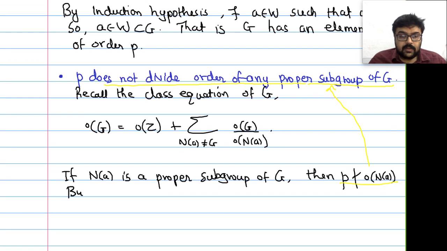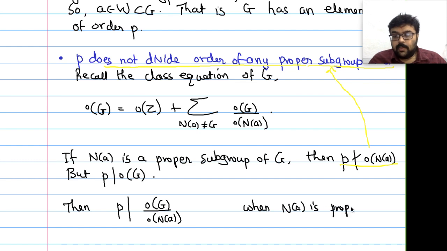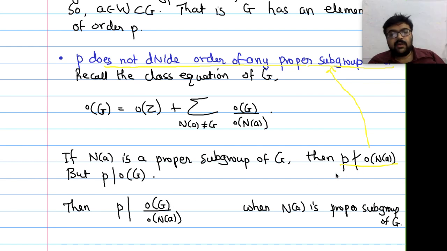But P divides order of G. This is given, as in the statement of Cauchy's theorem: suppose G is a group and P divides order of G. So that means P divides order of G upon order of NA when NA is a proper subgroup of G. P divides the numerator, order of G, but P does not divide order of NA, so it does not divide the denominator, so P does not get cancelled out from numerator and denominator, and this is an integer.